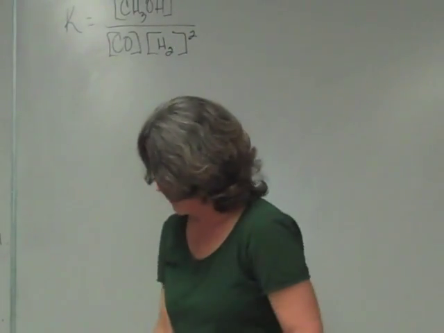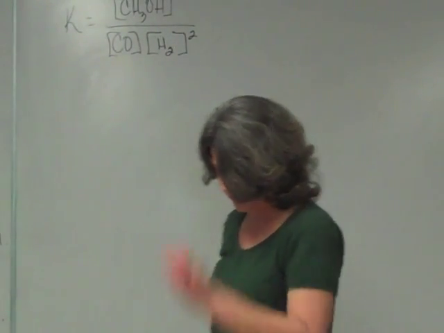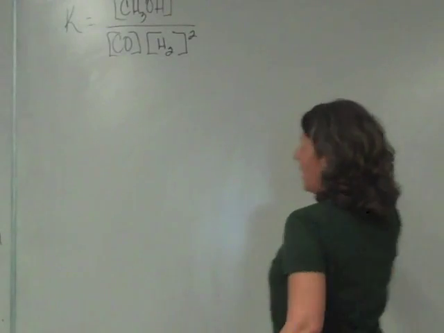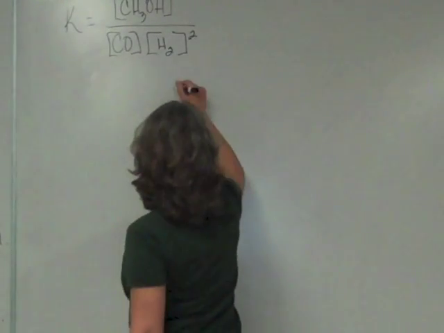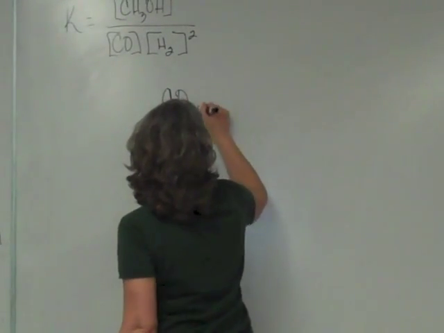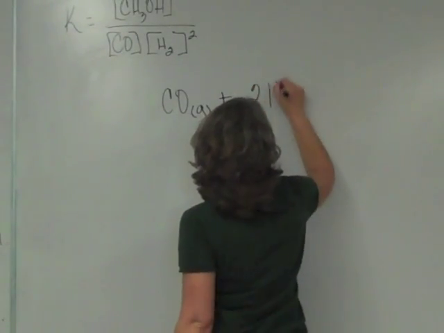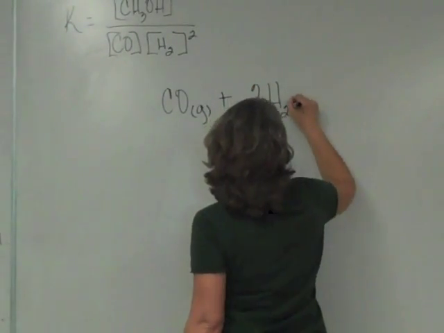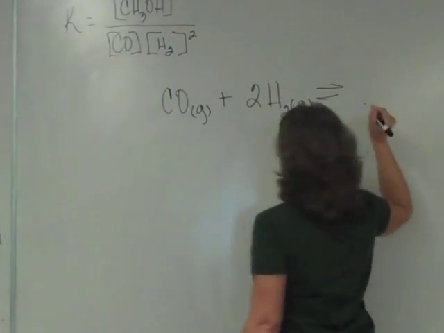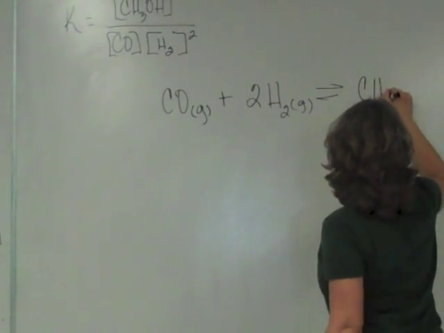And so it is going to look like this. I always put the balanced equation at the top. Carbon monoxide gas plus 2 hydrogen gases to give me some methanol.